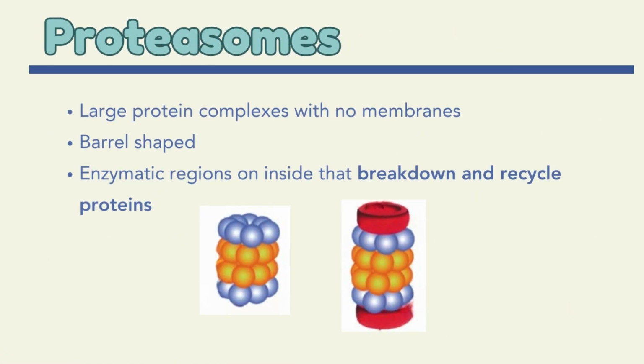The next organelle is a proteasome. Proteasomes are large protein complexes that, unlike lysosomes and peroxisomes, don't have membranes. These barrel-shaped organelles have enzymatic regions on their insides that break down and recycle other proteins.